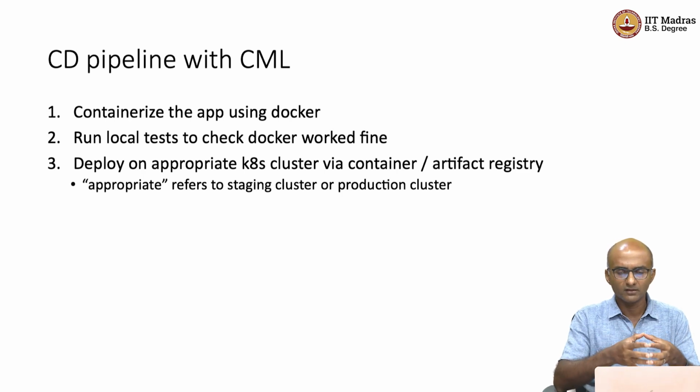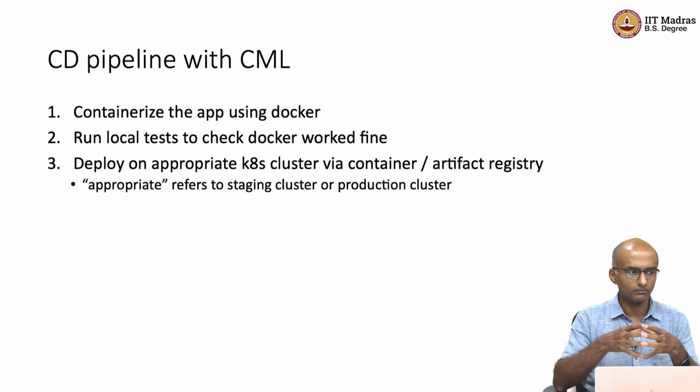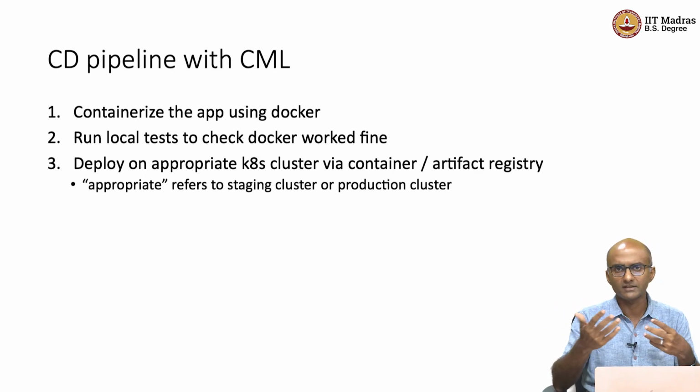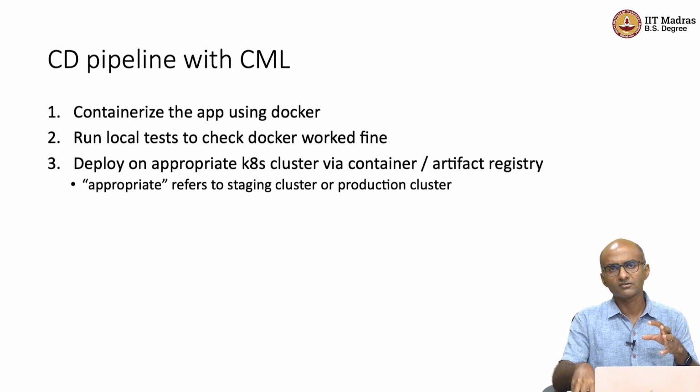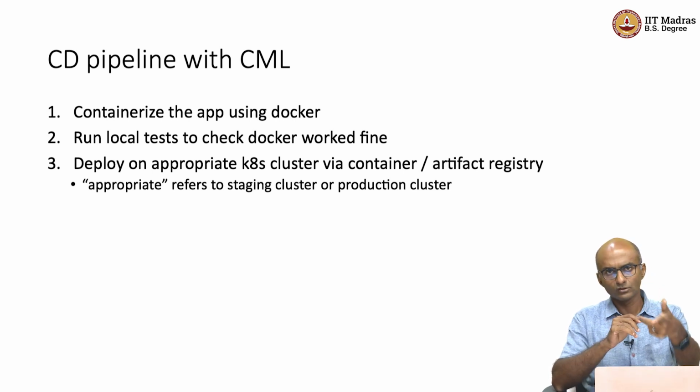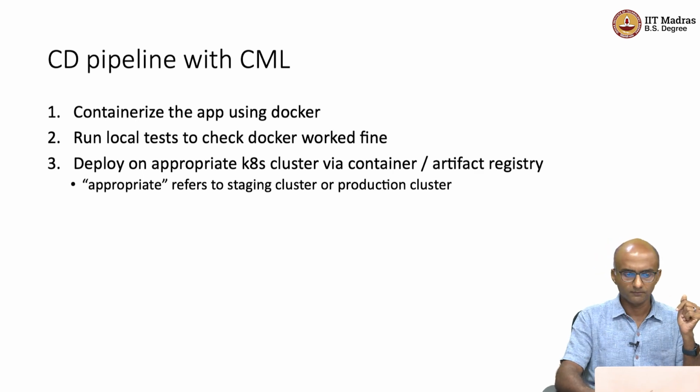So when you create a cluster in GKE, you can give it a tag which says this is a staging Kubernetes cluster, and therefore it has limitations with respect to how much it can scale, how much data you want to process, or how long you want it to live. And then the production Kubernetes cluster is separate. It's altogether a different cluster with a different tag, with a different time to live, etc. So that's what appropriate refers to here. A typical CD pipeline will automate these three steps and get it to a stage where the model is deployed on a particular Kubernetes cluster. So please do this on your account as the homework for this week.